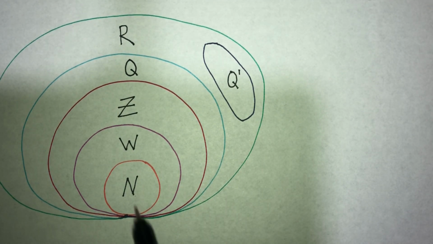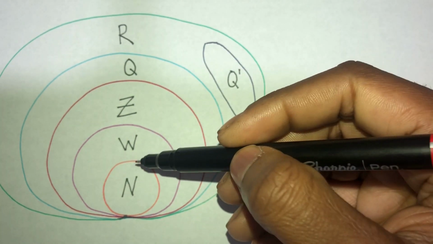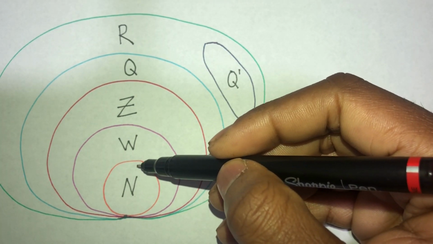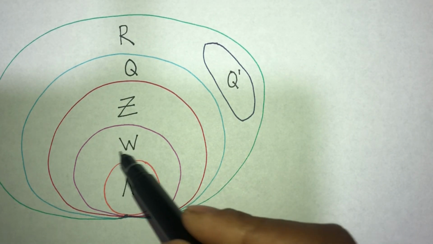Alright, so let's take for example 0. 0 is not a natural number, but 0 is a whole number.